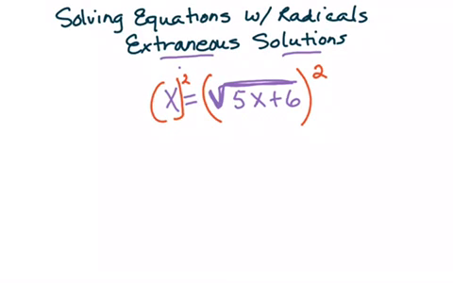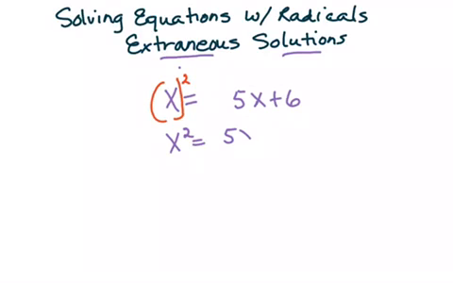All right. Now, when I do this, watch if I can do this carefully. This all goes away. Everything goes away except what was in that radical sign. All right, so now I have x squared equals 5x plus 6. Well, how do I solve that thing?